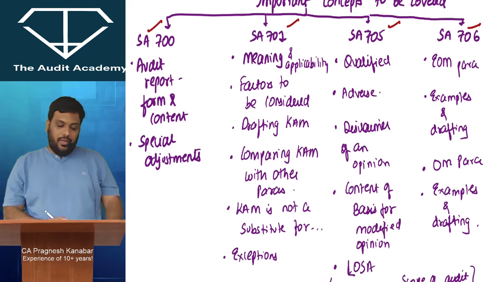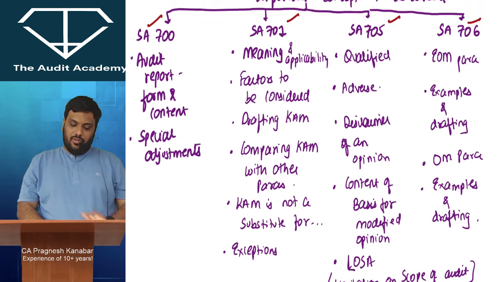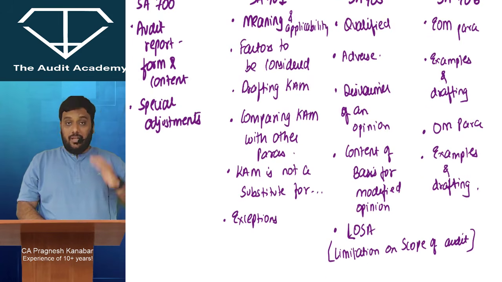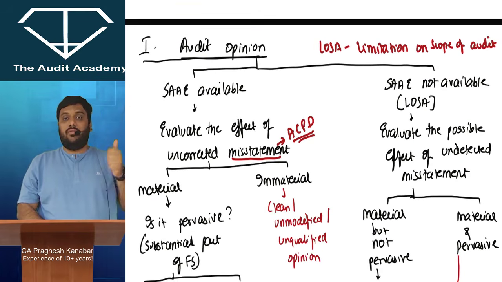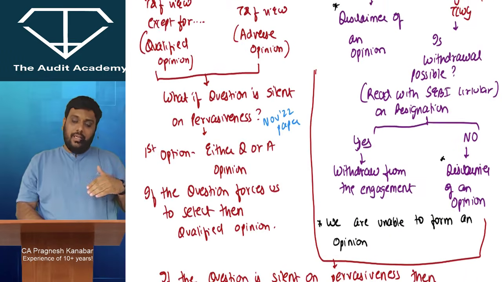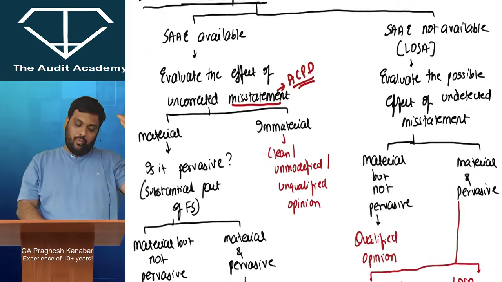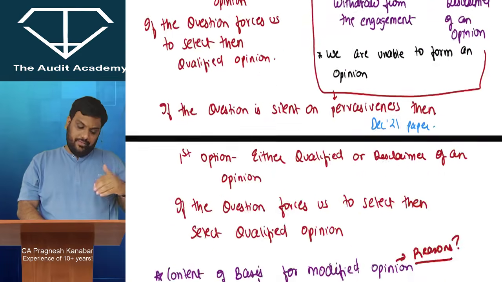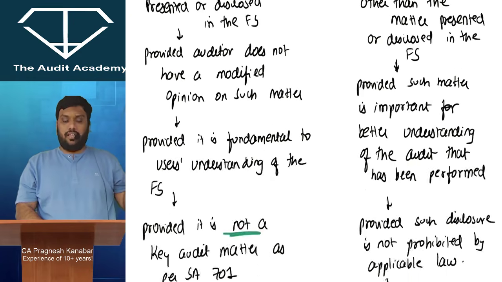Now, the important concepts to be covered, this is the whole index: 700, 701, 705 and 706. But my style of teaching is a little different. First, I will cover the concept of audit opinion. See, at the end of the day, I'm going to teach whatever is included in the audit report. So obviously, audit opinion, our opinion on the financial statements. Followed by audit opinion, we'll be discussing emphasis of matter and other matter paragraph.